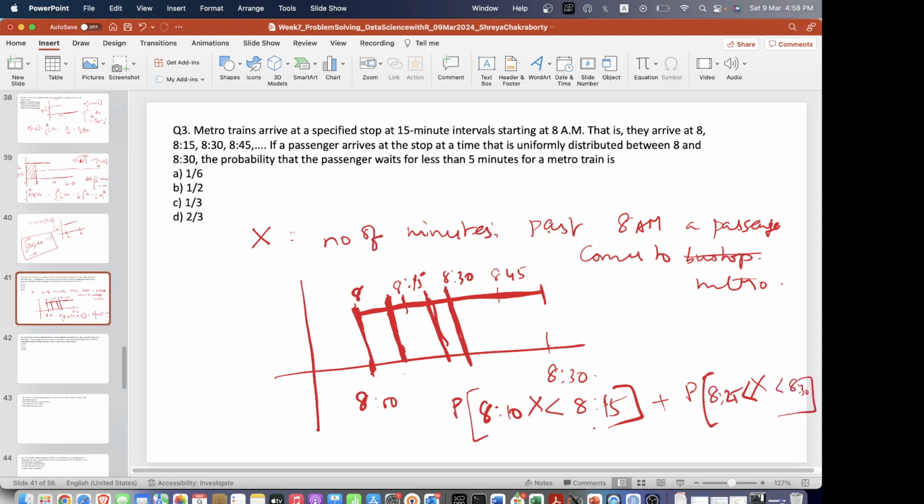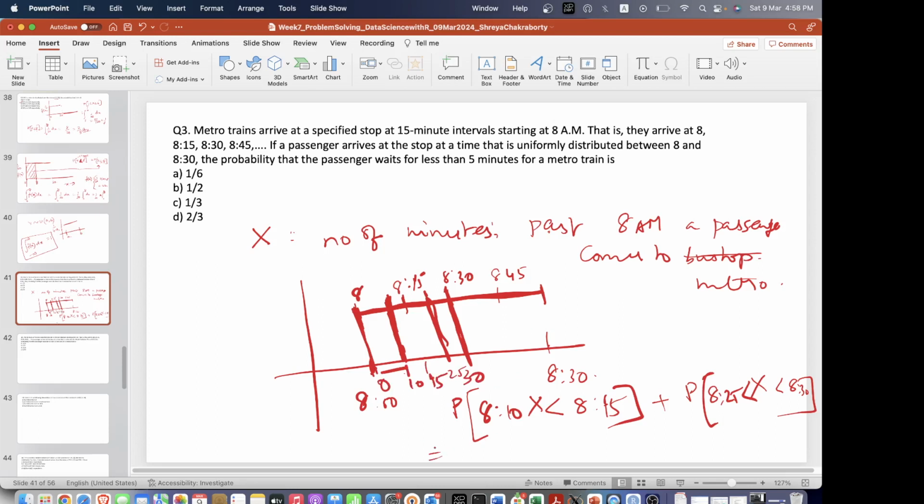So only under these two criteria the passenger has to wait for less than 5 minutes. Here, if this is 0 to 30 minutes, this would be 10 to 15 and this would be 25 to 30.